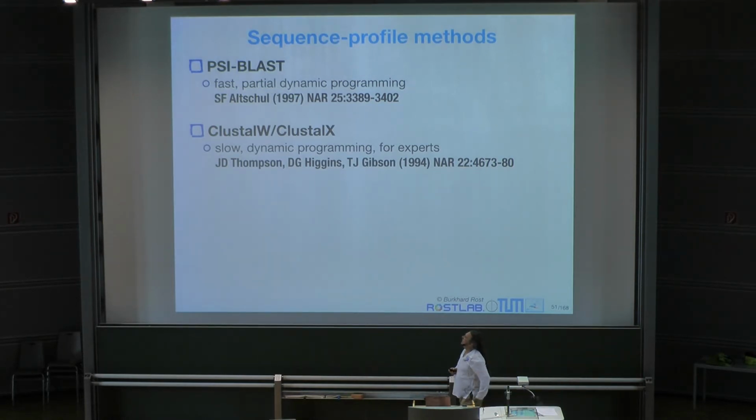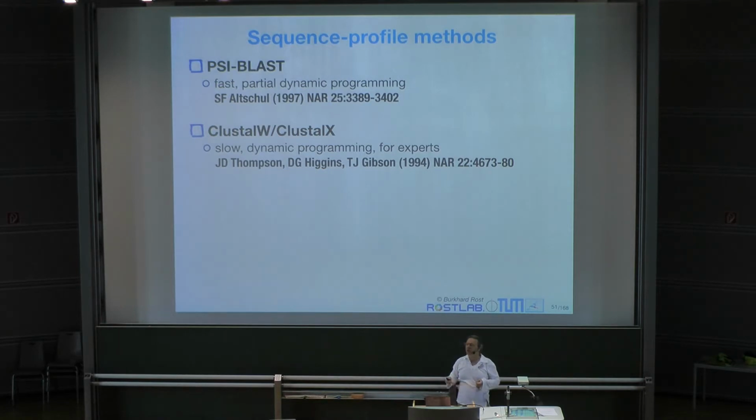Clustal W, Clustal X, Clustal Omega is the type of program that now does something like PSI-BLAST, so it uses profile-specific, position-specific matrices in a dynamic programming. The advantage is it does it well. The disadvantage is it's very slow.